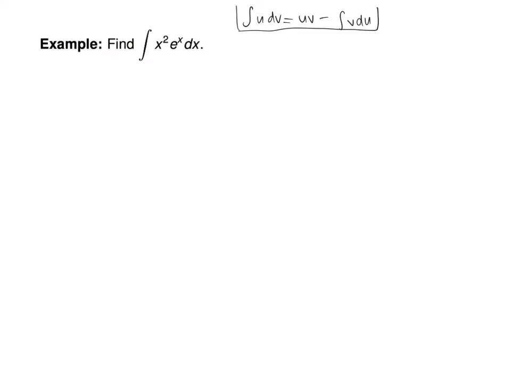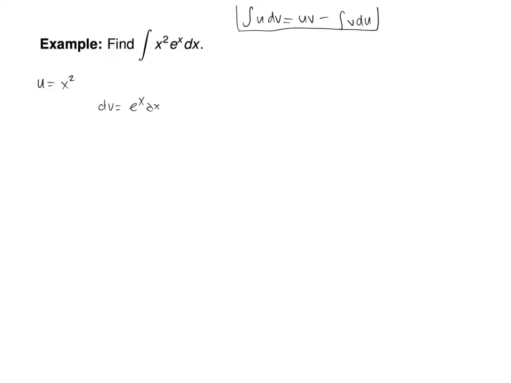No. So probably going to let u equal x squared. And what part's going to be your dv? The rest of it, e to the x dx. And by the way, the thing you pick for dv has to also be something that you can actually anti-differentiate. If you can't anti-differentiate it, you can't get the v out of it, right? So we'll have an example like that soon as well.